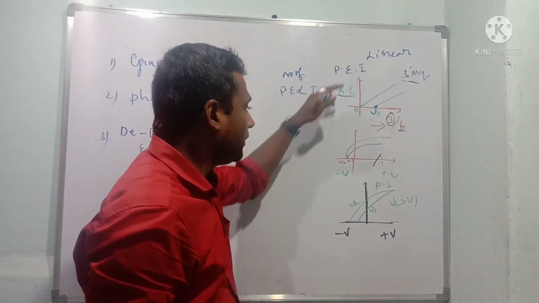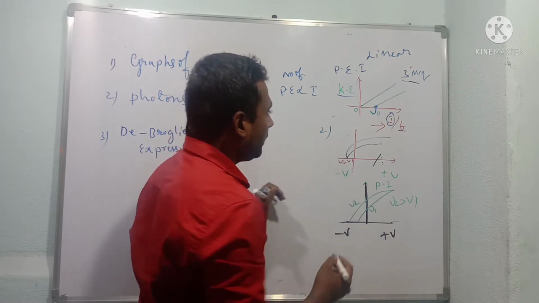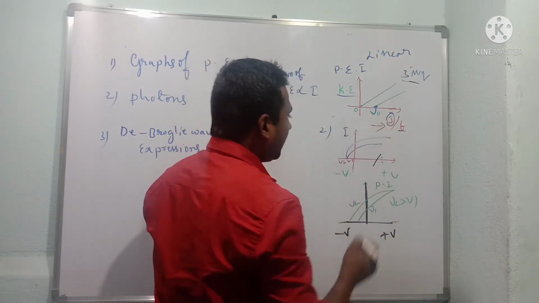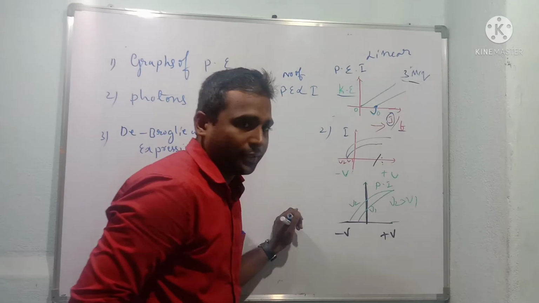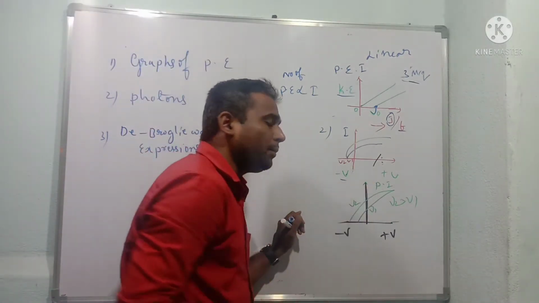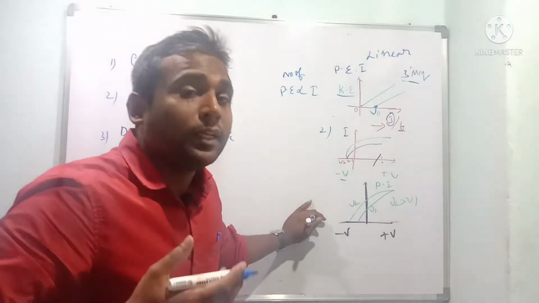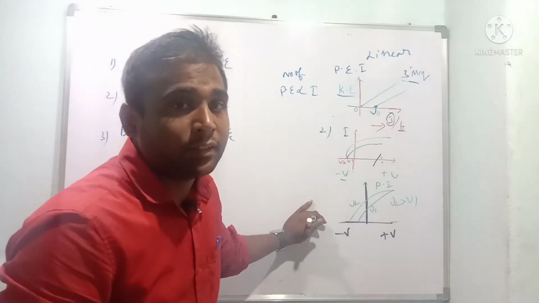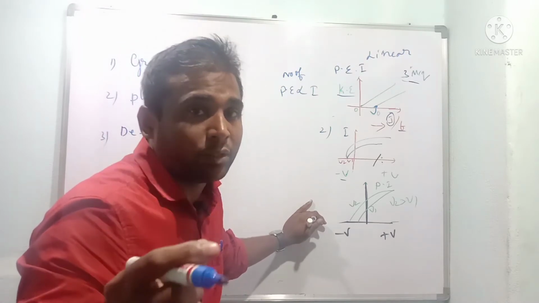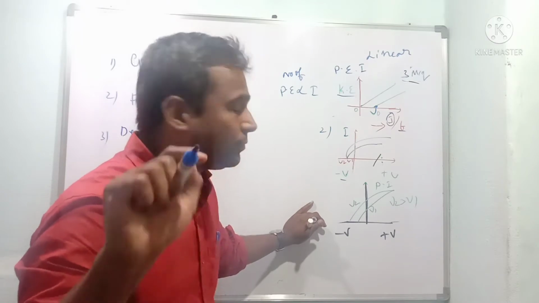So after that, come to the next graph. Here I have drawn intensity versus voltage. Dear students, you know what the stopping potential is? It is the minimum negative potential to be given to make the photoelectric current 0. It is not 0 potential, but the photocurrent becomes 0.